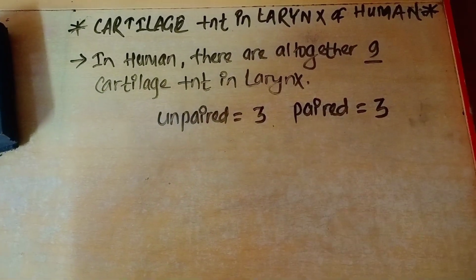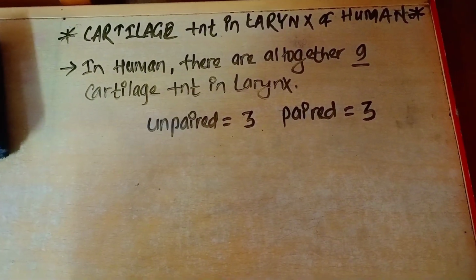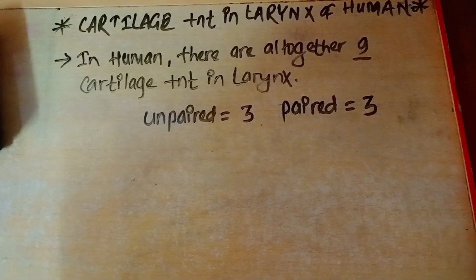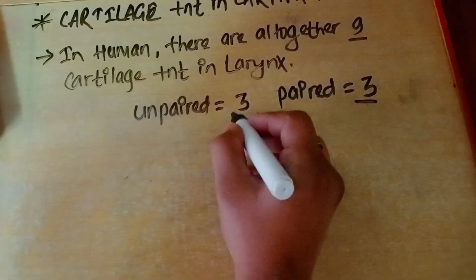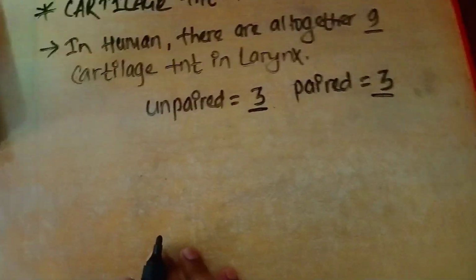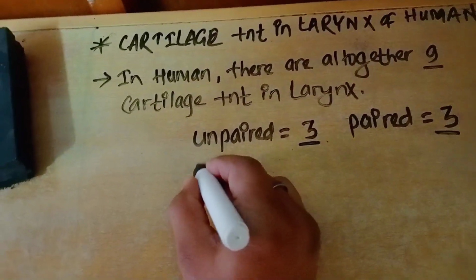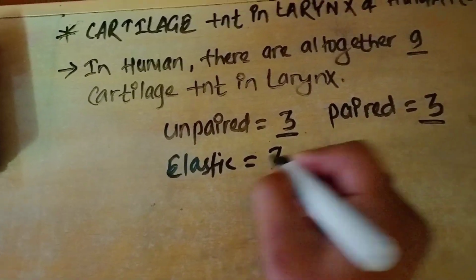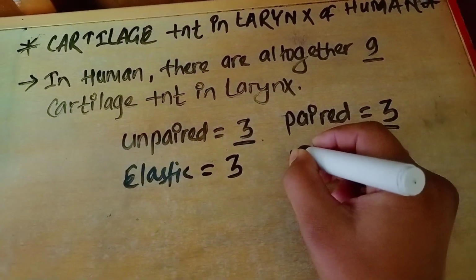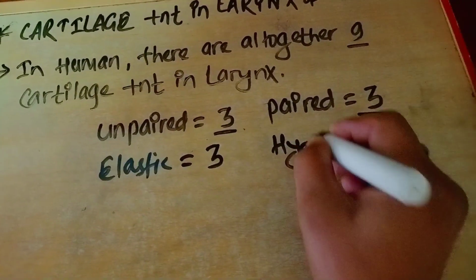So it means we have 6 different types of cartilage in our larynx. Among the 6, 3 are paired and 3 are unpaired, and among these 6, 3 are elastic cartilage and 3 are hyaline cartilage.